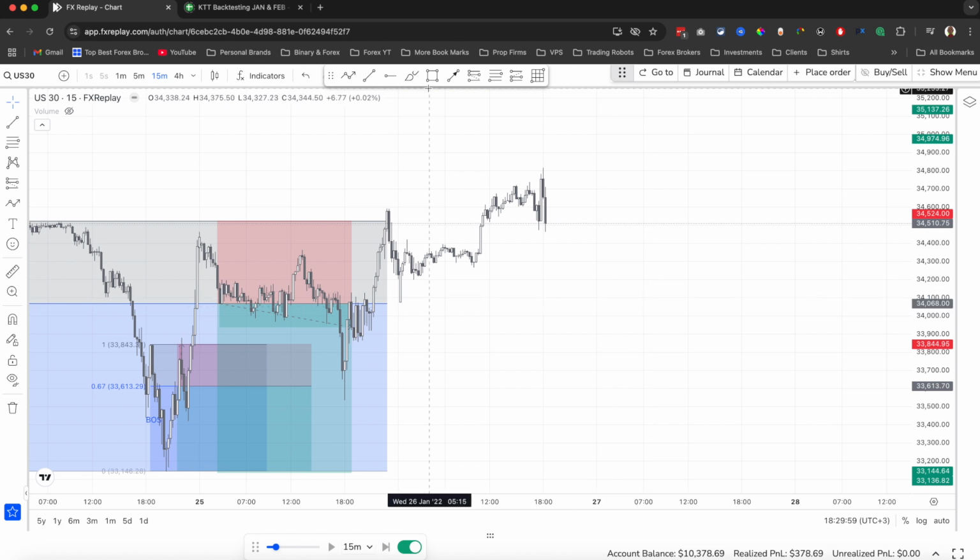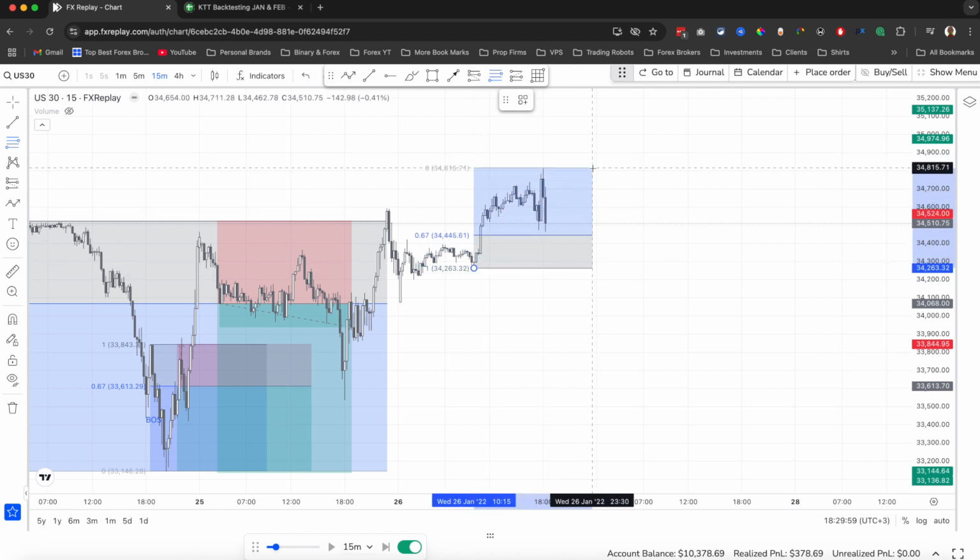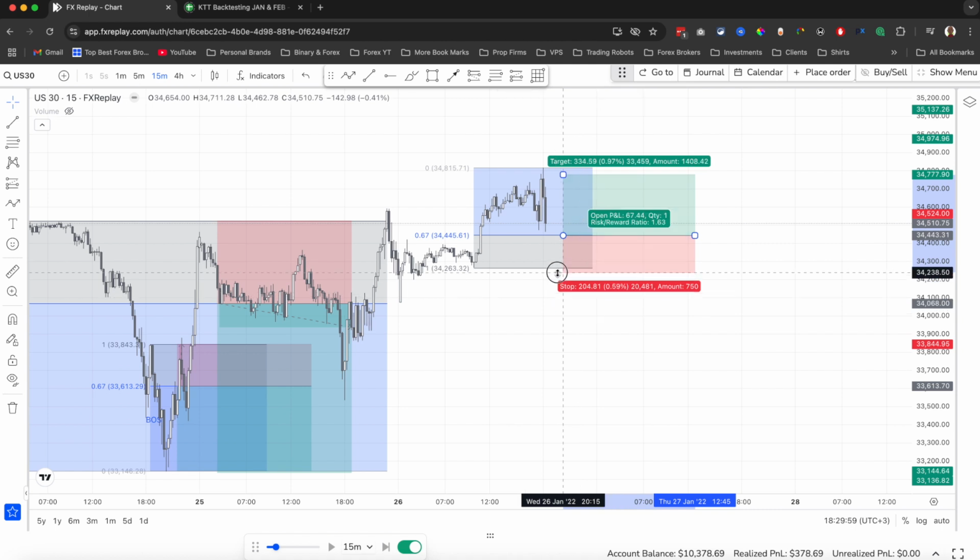Because the price was moving up, let's just take our Fibonacci tool here, because there was a break of structure, and then the price went up, and then down, and then up. There was another break of structure. So we take this low here, right? We take that low, and then we put our buys right here.